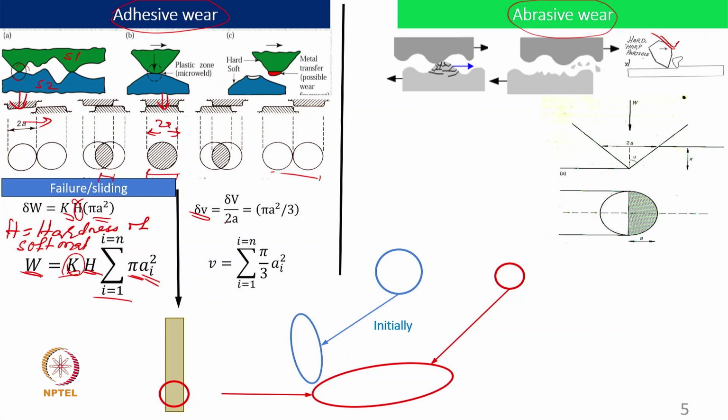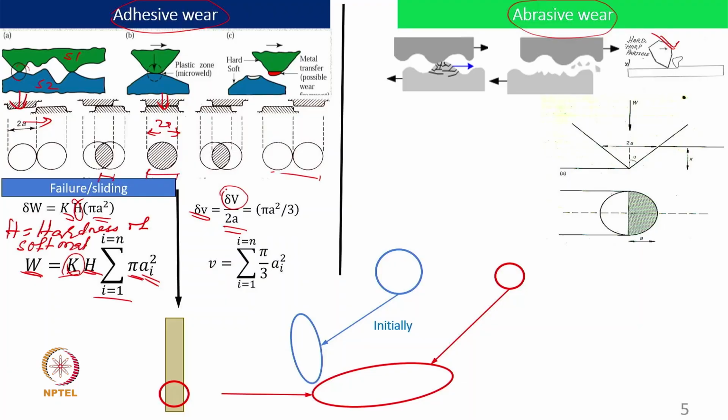Here the 2 is a sliding distance. When asperities are coming, we know that only asperities are coming into contact. Complete surface is not coming into contact. So we are assuming the sliding distance, and where volume has been given here, and we are assuming hemispherical asperity, and the assumption that whole asperities will be removed.